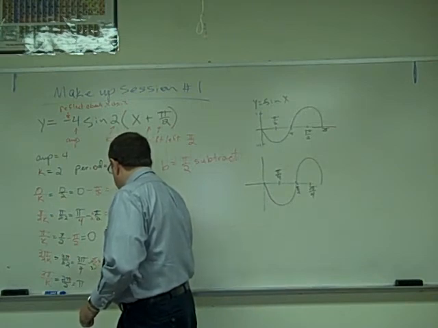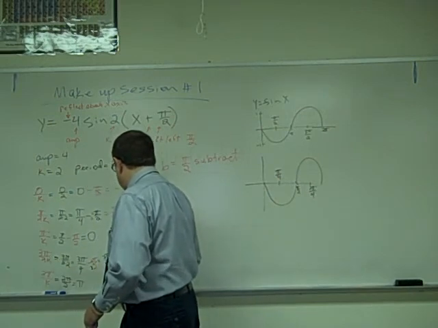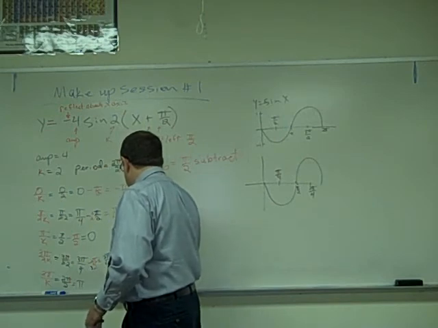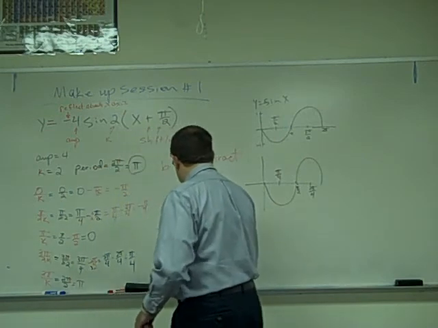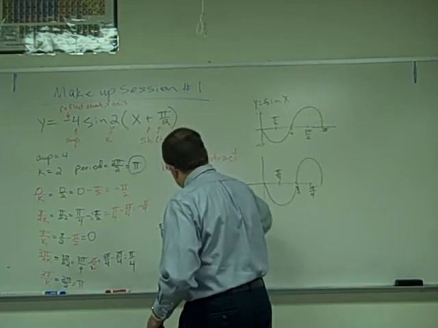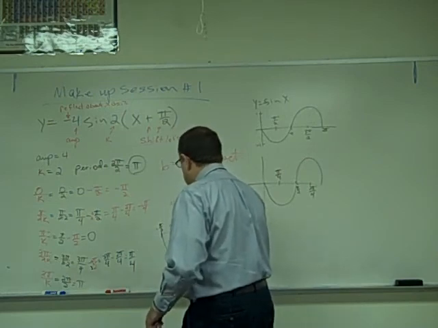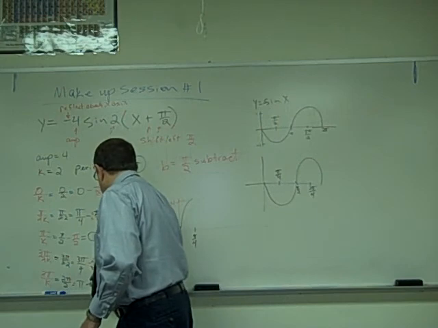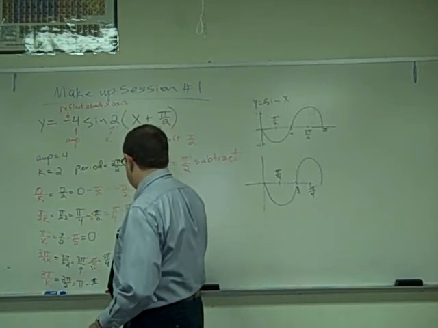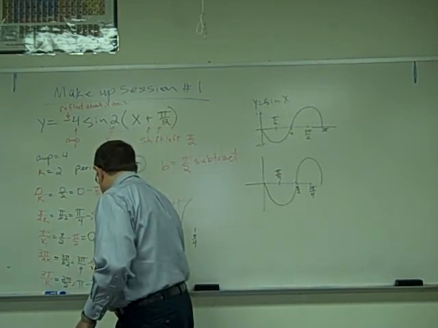So that's 3 pi over 4 minus 2 pi over 4, and so we get pi over 4. So we peak out here at pi over 4. And then pi minus pi over 2, and so we finish up at pi over 2.